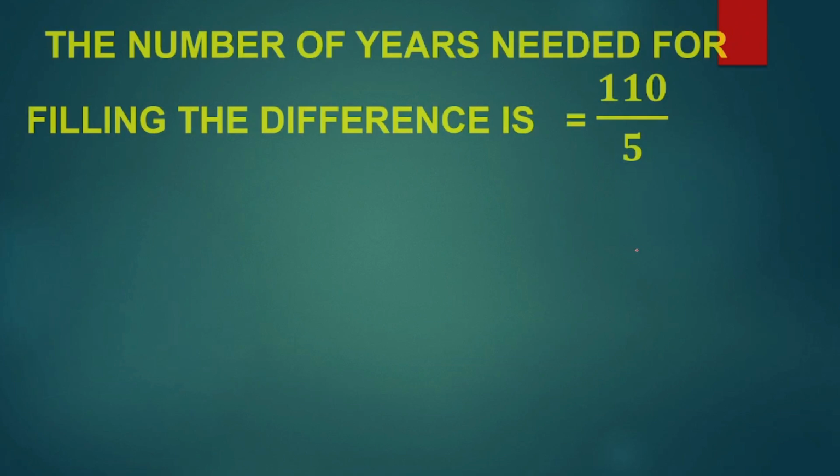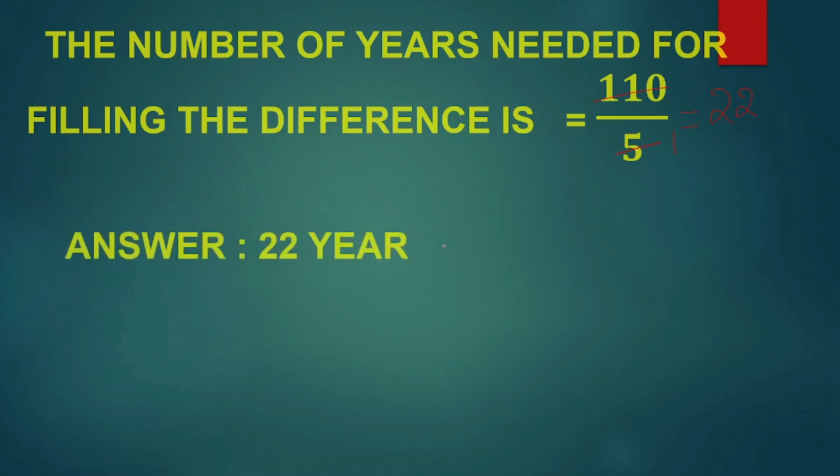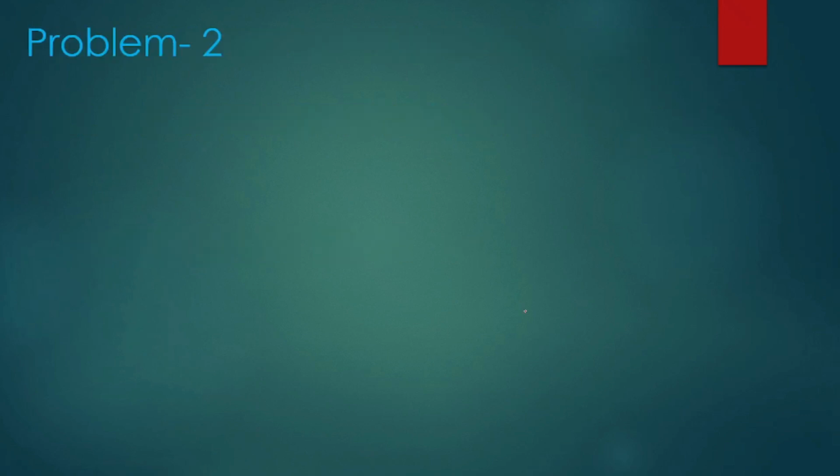So the number of years taken to complete this gap is 110 by 5, that means 22 years. So the answer is 22 years for the two debts of A and B to become equal.